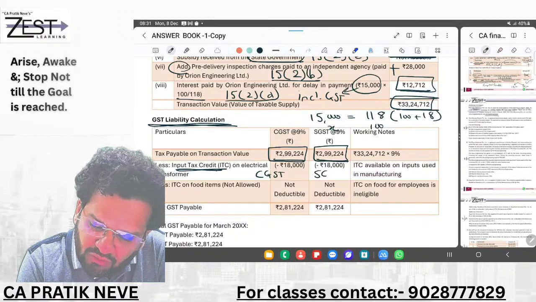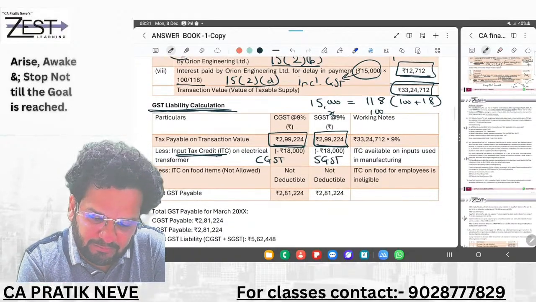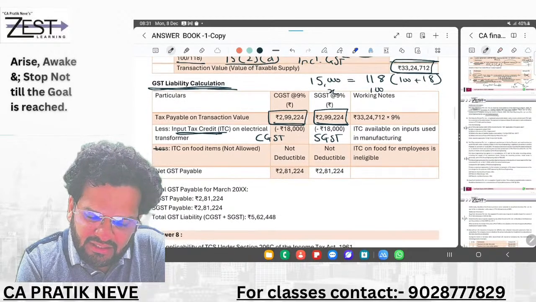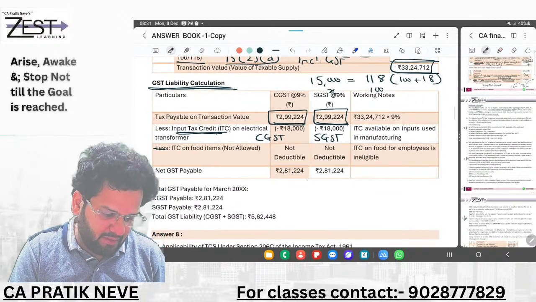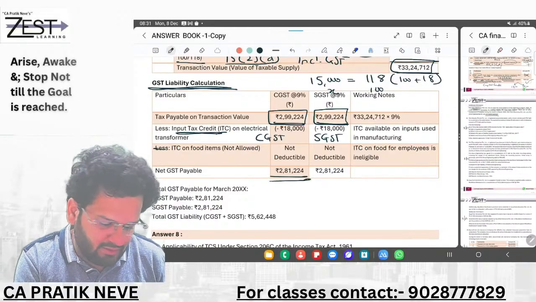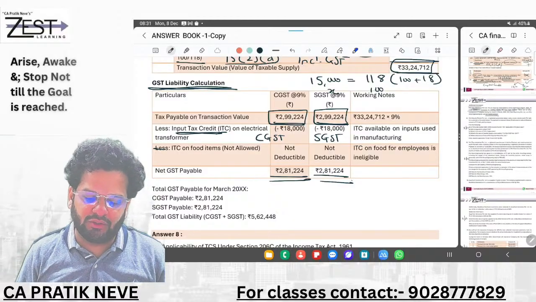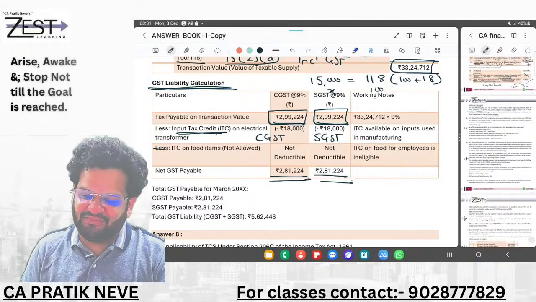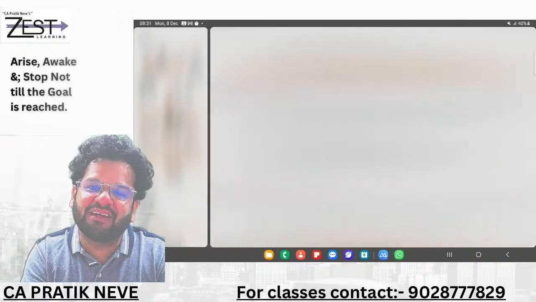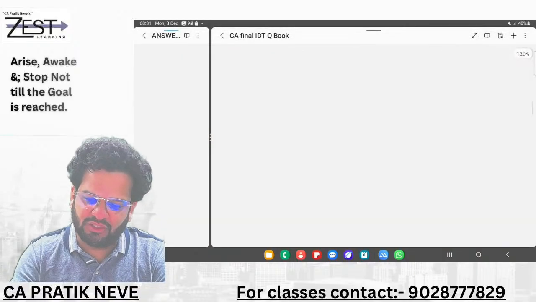And then ITC of SGST will be utilized to pay output tax of SGST. Okay, that's it. You will get net GST payable, 2,81,224 will be your net GST payable. Is it 100% clear to all of you? Very nice question.